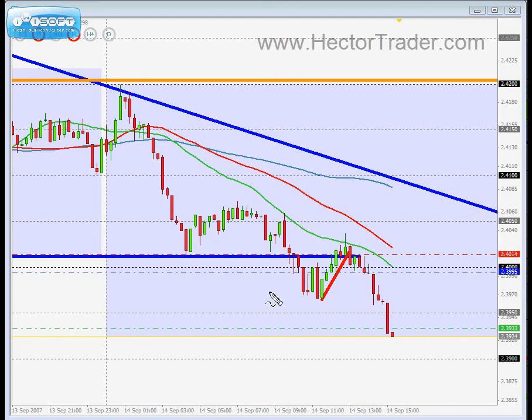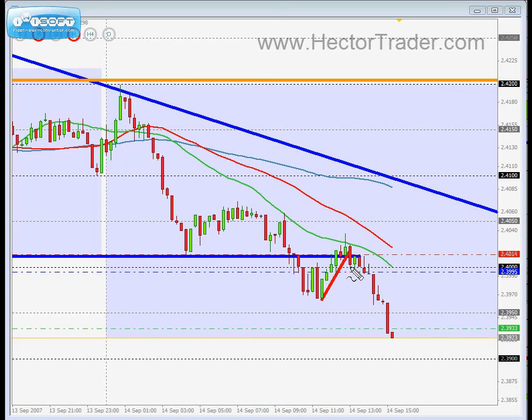Just like I did in this case. I saw this retracement up, knocking me out of the trade, but then I saw my typical formation, a trend line breakout, with the moving averages on my side.